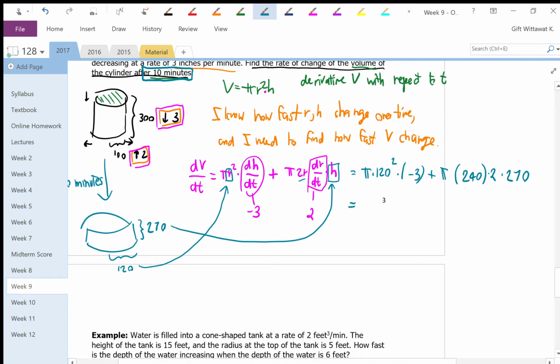I kind of cheated because I computed all this at home. So this is going to be negative 43,200 pi plus 129,600 pi.